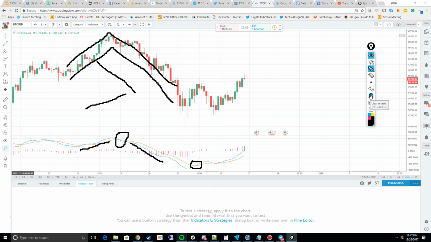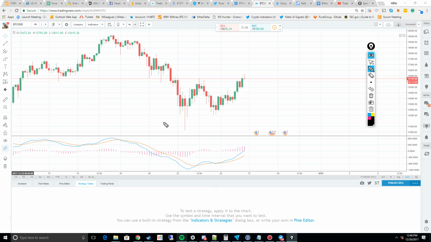So I tend to keep my eyes out for these crossovers because they are a good indicator for whether I should sell a coin or buy into a coin, which I used for Bitcoin at this point last night when we had this crossover here. But you need to keep in mind that not always when there's a crossover will the trend maintain.